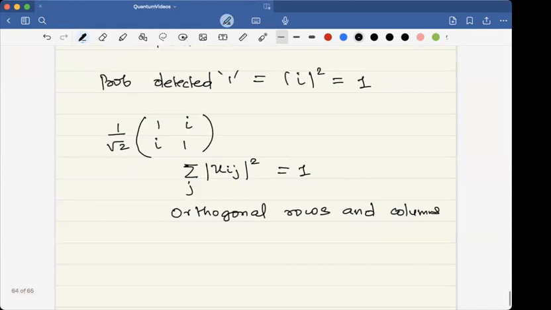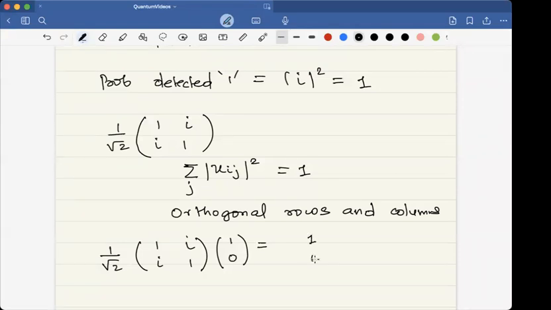And if I calculate this now, the path of the particle when it passes through the first beam splitter is 1 over square root of 2 times the matrix 1 I, I 1 acting on (1, 0), which is equal to 1 over square root of 2 (1, 0) plus I over square root of 2 (0, 1).